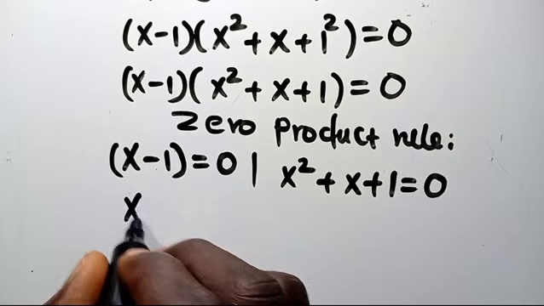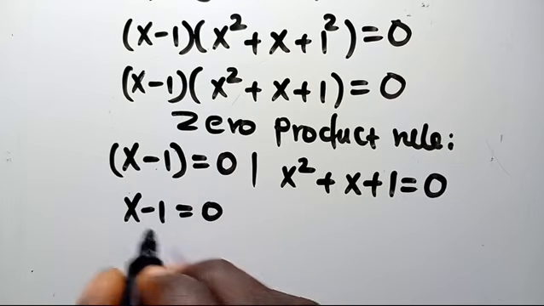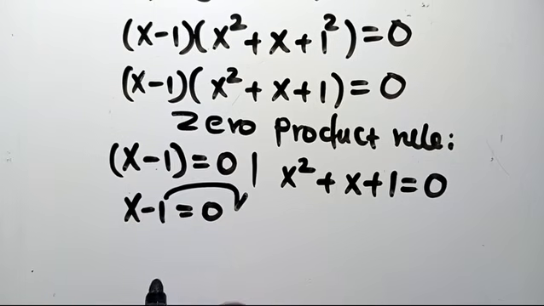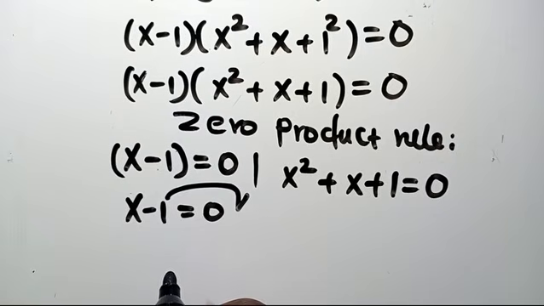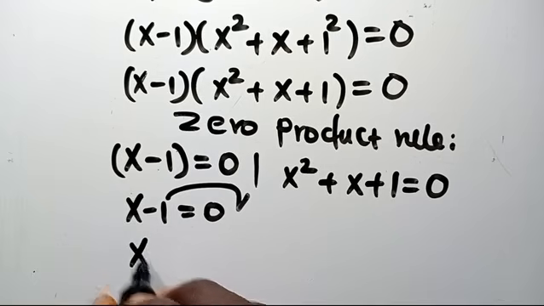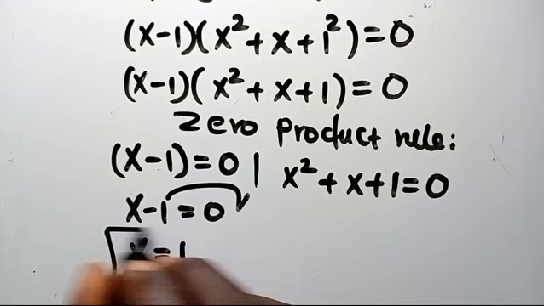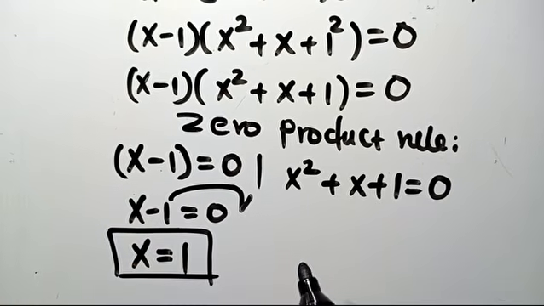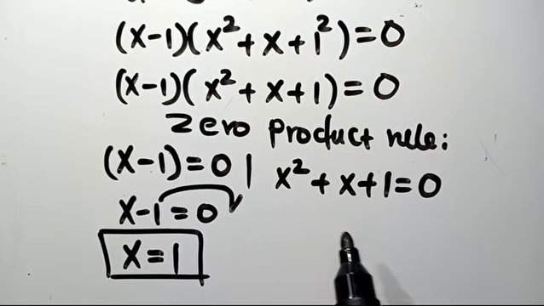Now, from here we have x minus 1 equals 0. By taking this one here, we are going to have x equals 1. Now, we have x squared plus x plus 1 equals 0.